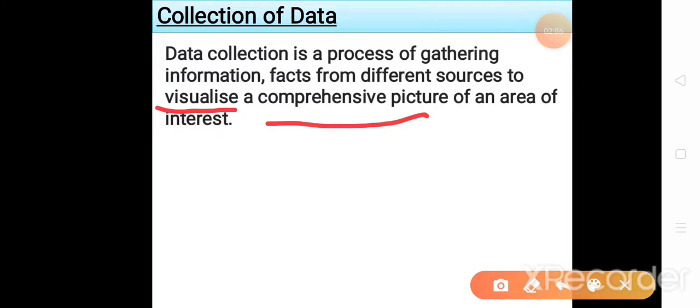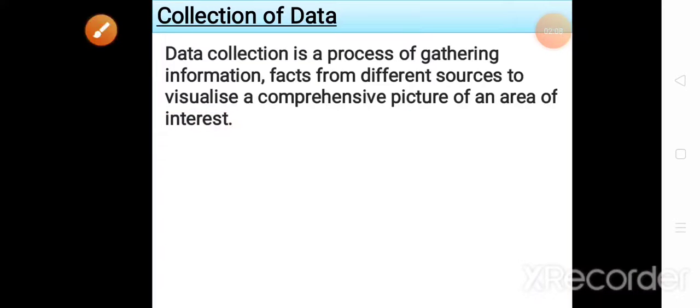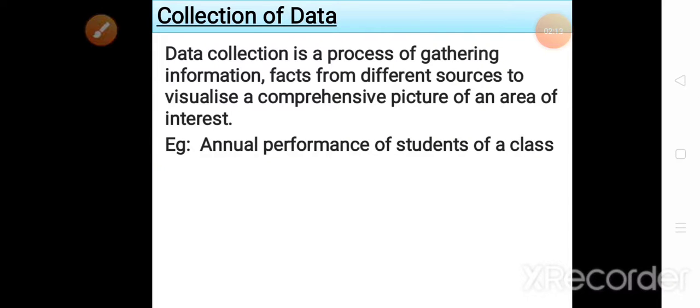Now there are various other examples where we are collecting our data. For example, annual performance of students in a class, where the data right from the beginning of the session to the end of a session is collected for each and every student and analyzed, and hence the final progress report is presented to the particular student.